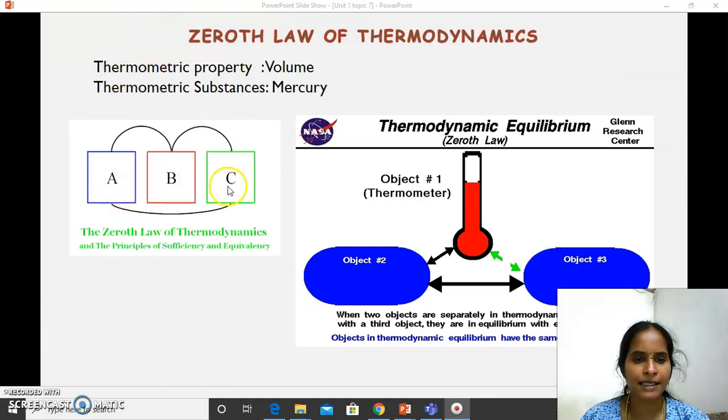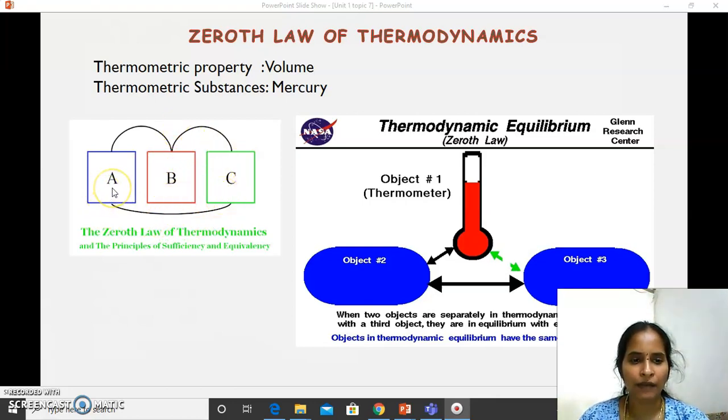A, B, C, three systems are there, as we have already studied. Independently, A and B are in thermal equilibrium separately, and B and C are in thermal equilibrium separately. So finally A and C should be in thermal equilibrium with each other. If A and B are in thermal equilibrium and B and C are in thermal equilibrium, then automatically A and C are too.